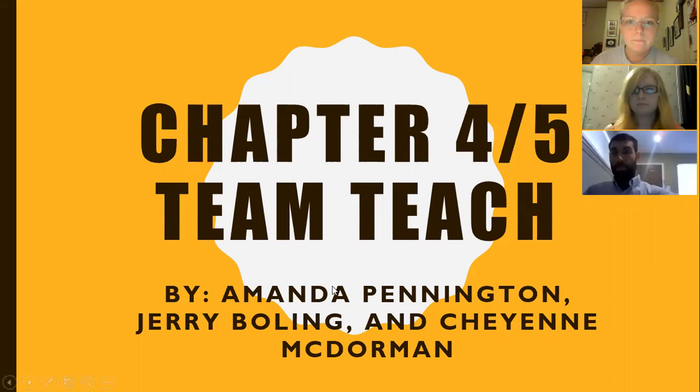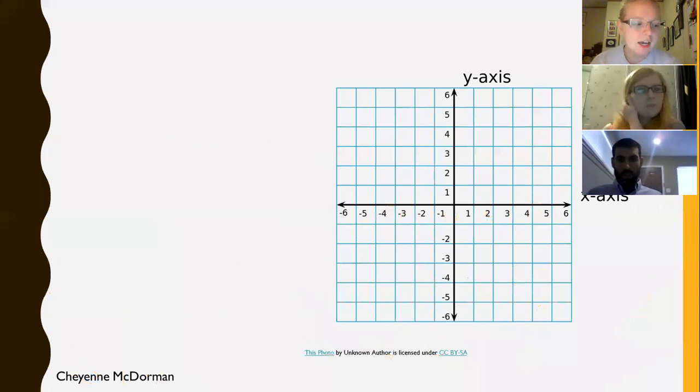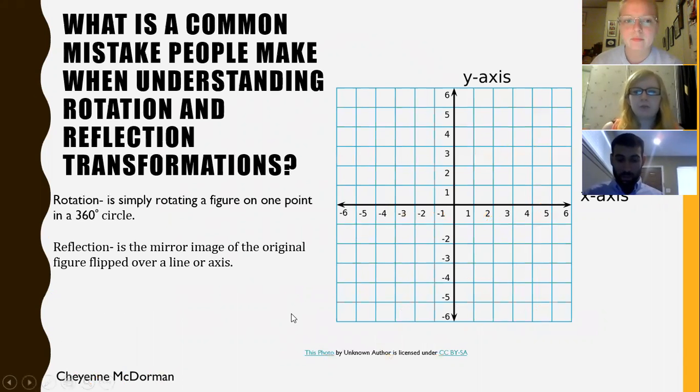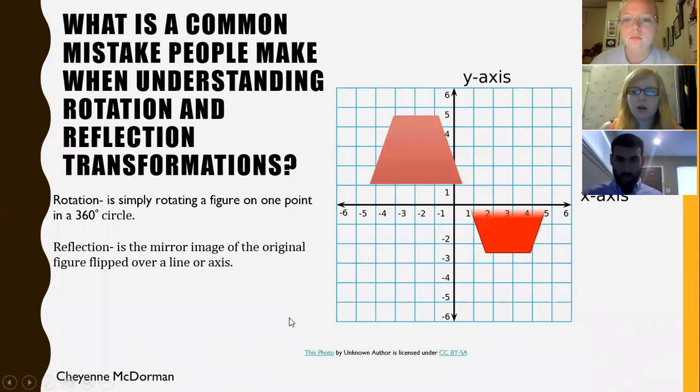Alrighty, so Cheyenne, what is a common mistake people make when understanding rotation and reflection as a transformation? Well, the most common mistake that you will see is that when people are rotating the figure, they automatically think that it is a reflection of the original figure because it is across a line.